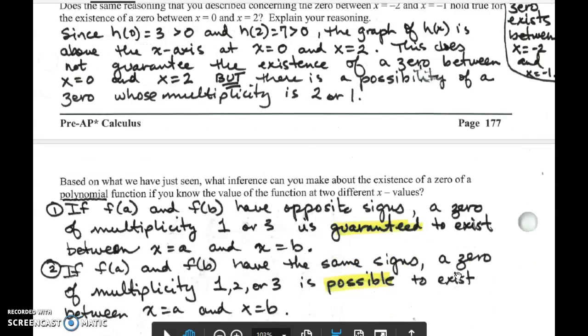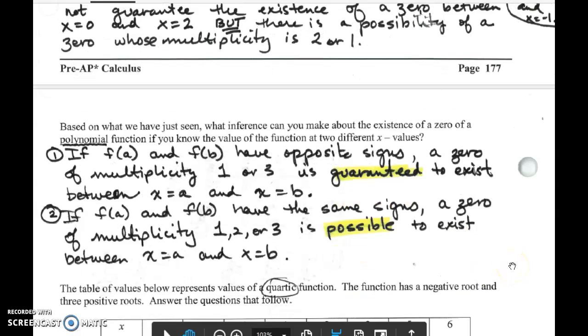So again, I felt like I could just share the answer key with you before doing more examples. So if they change signs, if we go from a positive to a negative or a negative to a positive, it is guaranteed to cross the x-axis. It is guaranteed to have a 0.